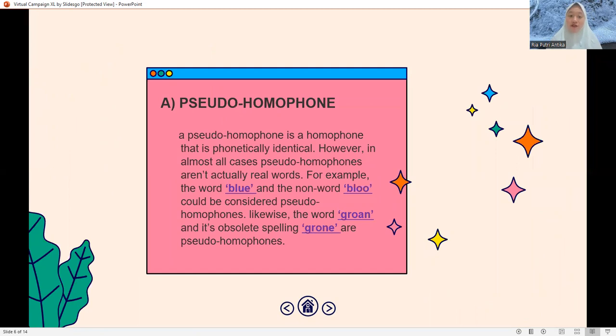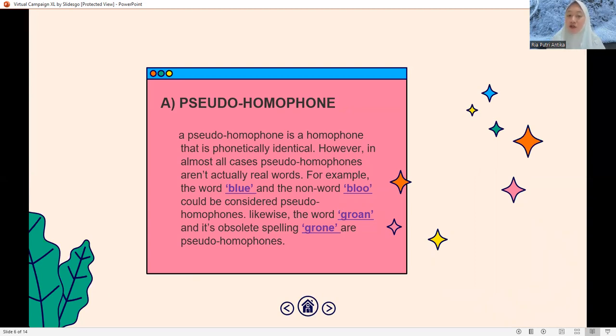The first kind of homophone is a pseudo homophone. A pseudo homophone is a homophone that is phonetically identical. However, in almost all cases, pseudo homophones are not actually real words. For example, the word blue and the non-word bloo could be considered pseudo homophones.